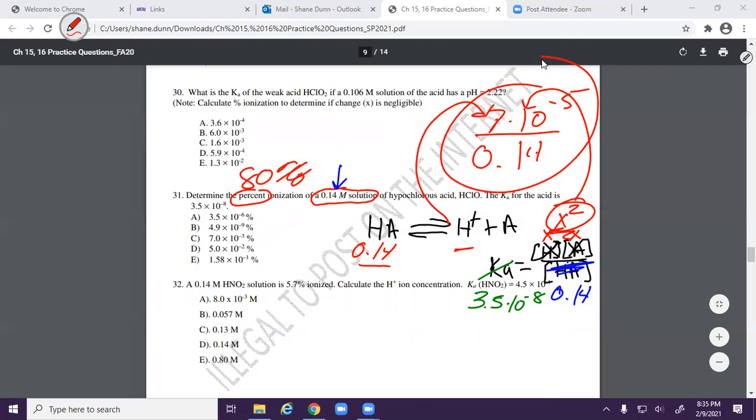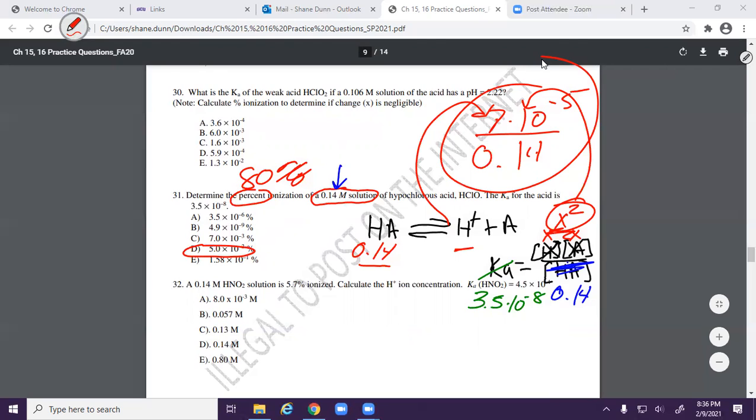4? 31. Okay. What's that closest to? D. I don't know how you got 10 to the negative 4th. Huh? Oh, okay. I got negative. Okay, let's see there quick. 7 times 10 to the negative 5th, that guy divided by 0.14.